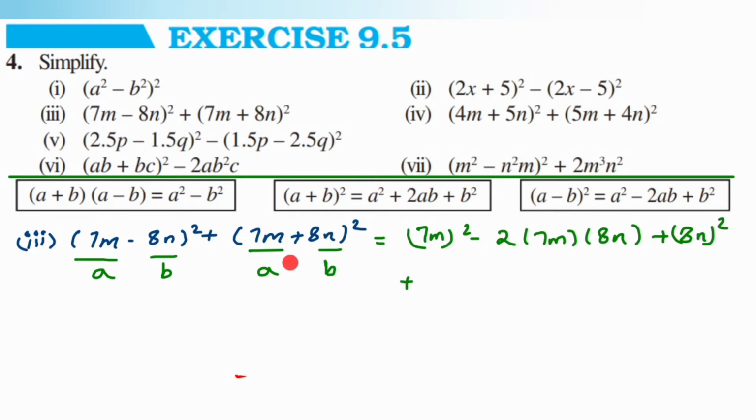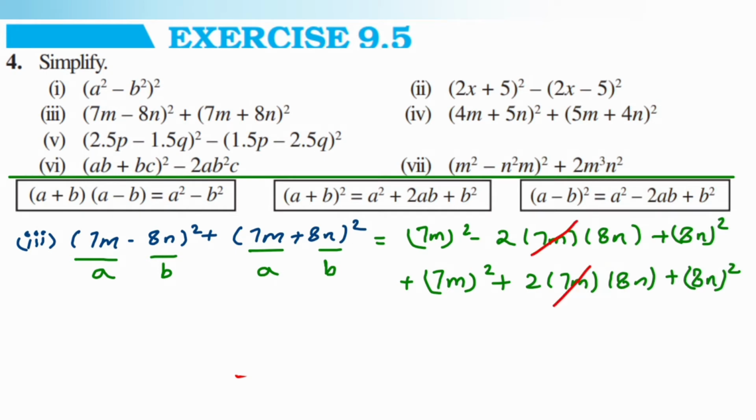So we'll get 7m square plus 2 into 7m into 8n plus again 8n square. So you can see here we have minus 2 into 7m into 8n, and here plus 2 into 7m into 8n. So we can directly cancel it, instead of calculating it we can just cancel here itself.